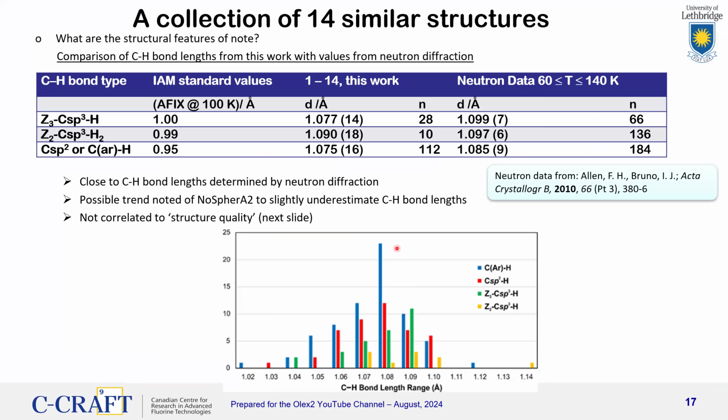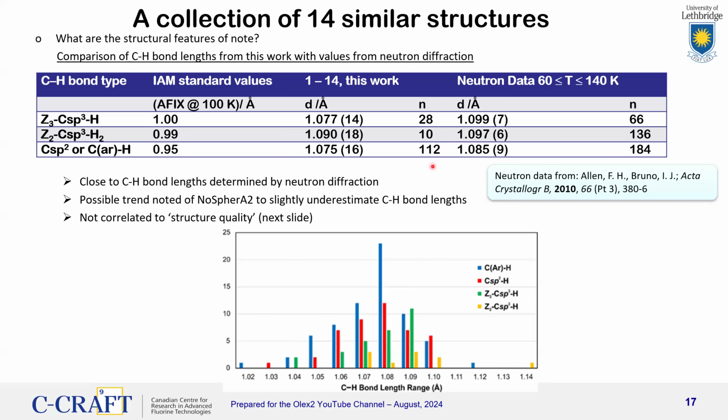First of all, in these structures, we allowed the hydrogens simply to spontaneously refine their positions. It was possible to do that. And you can see here from this summation, these are average values for all the sp3 hybridized carbon CH bonds, 28 of them, sp3 hybridized CH2s, 10 of those, and then a series of aromatic or vinylic type of sp2 hybridized carbon.